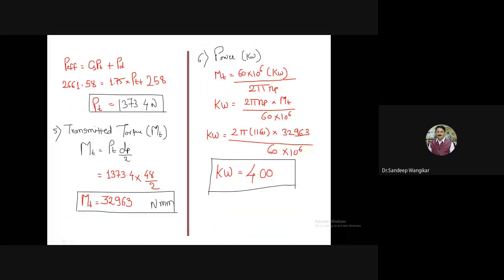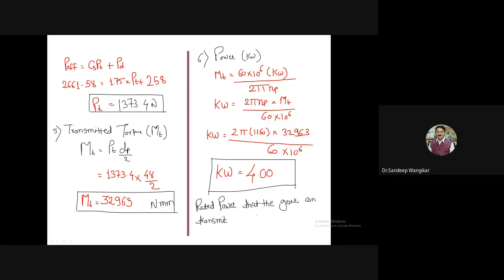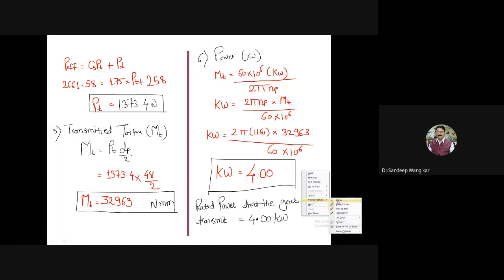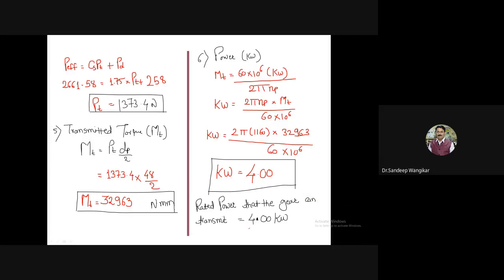So I will write down here as a concluding remark for this numerical: the rated power that the gear can transmit is equal to 4.00 kilowatt. This is the final answer.